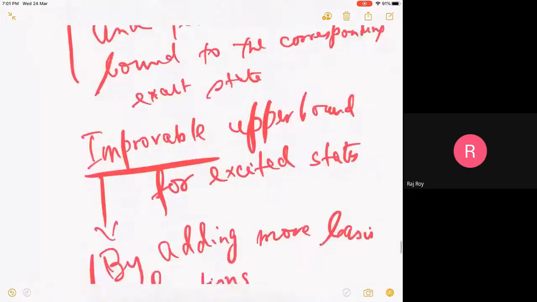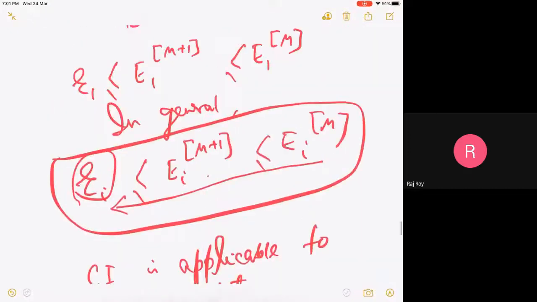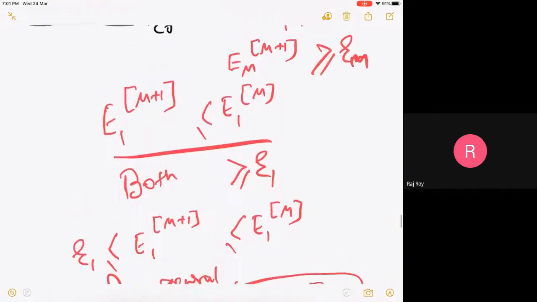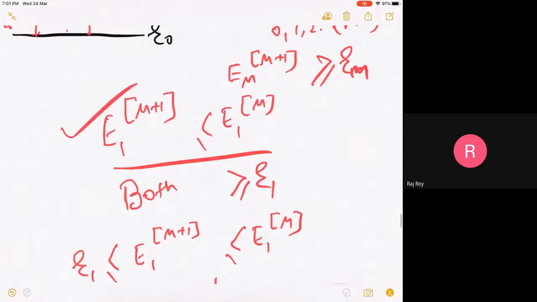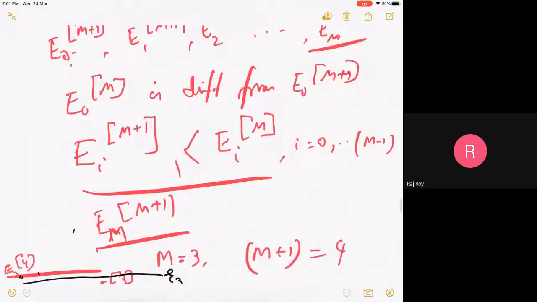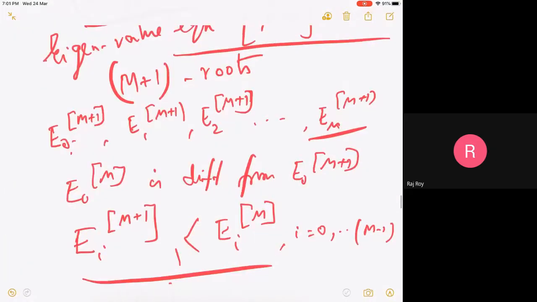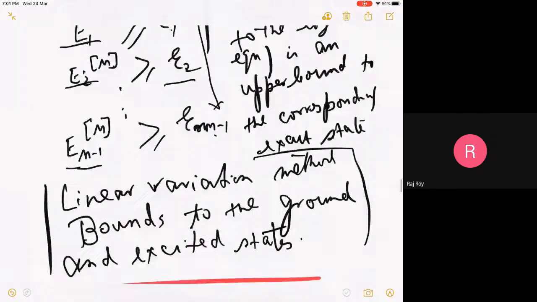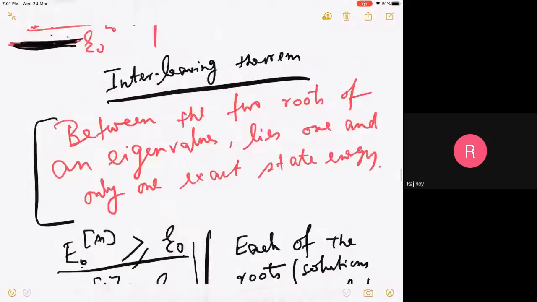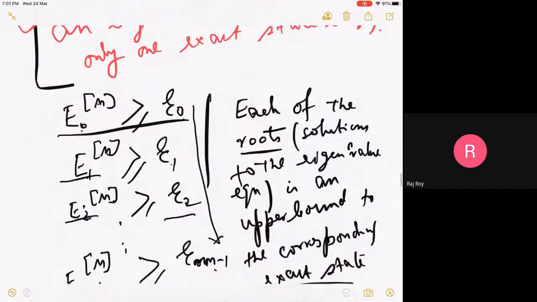So two important properties I have used. One is this: what happens from m to m plus 1? And this is exactly what I have done here. And the second one is this, which is basically translated as this. Without proof, I've only used the theorem.